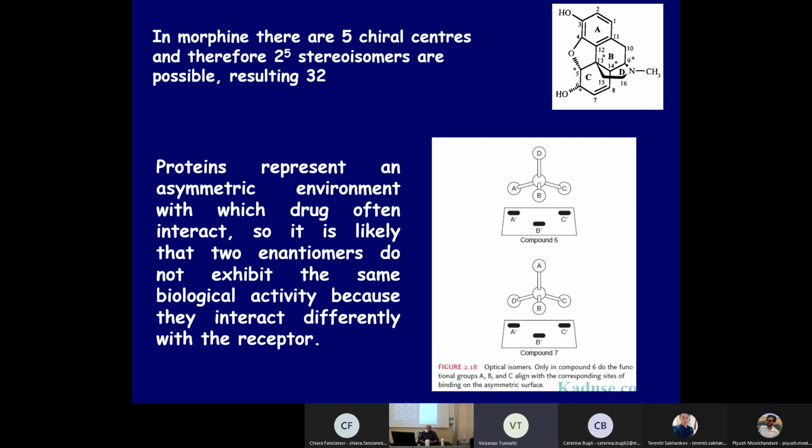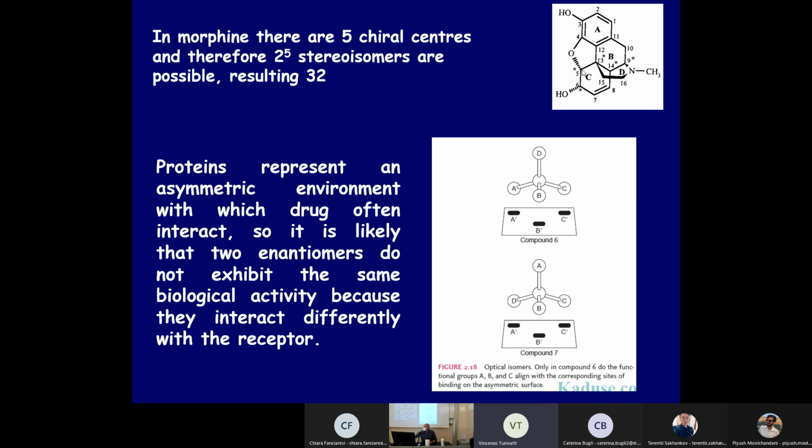How many chiral carbon atoms are present in this structure? We can start from number 1, 1, 2, 3, 4, no, because these 4 atoms are located on an aromatic ring, and so, as you know, no chiral atom is possible.